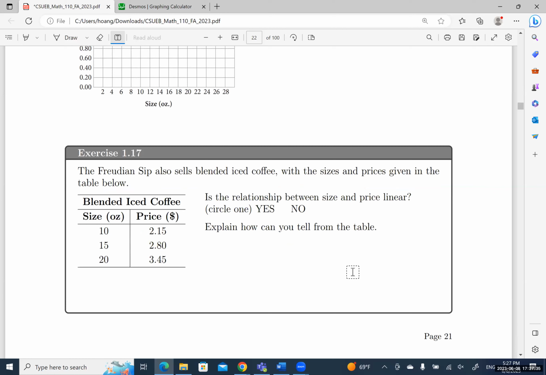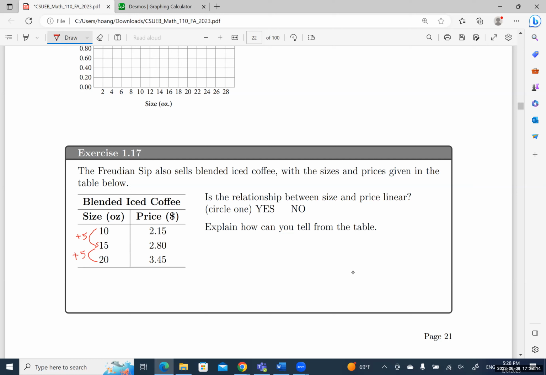Okay. So now let's make another exercise and see if it's going to be a linear relationship, right? So in this one, from 10 to 15, what do you have? Adding 5. From 15 to 20, adding 5, right?